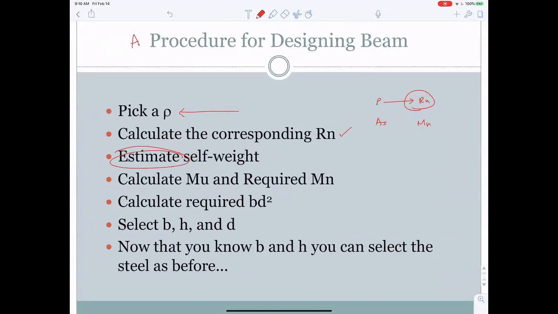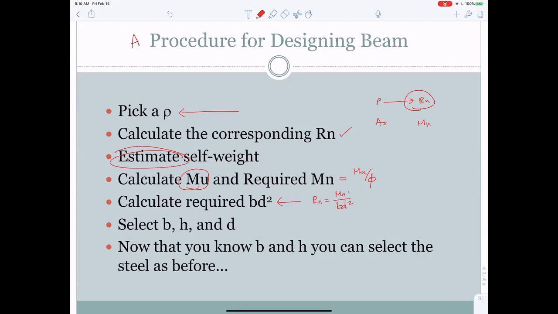Once you have the weight of the beam, you can do a structural analysis and get the factored moment, MU, and get the required MN, which will just be MU over phi. And once you have that, you're gonna be able to calculate the required BD squared, because RN is MN over BD squared.